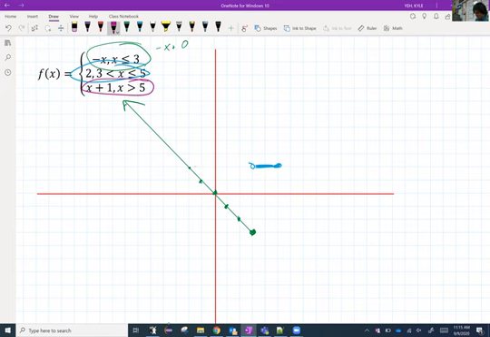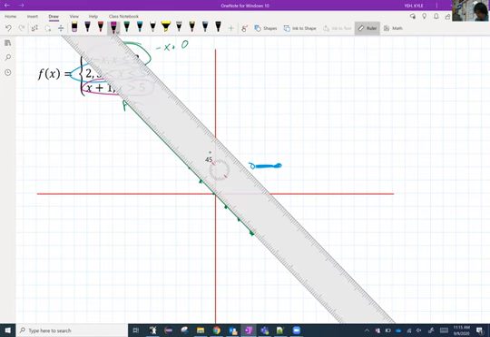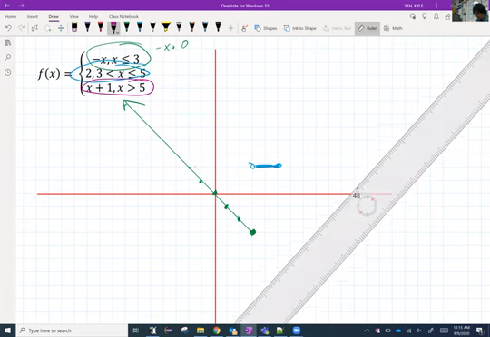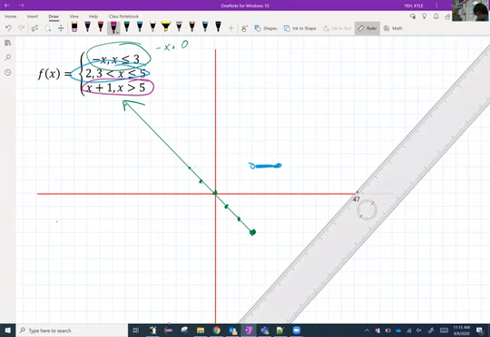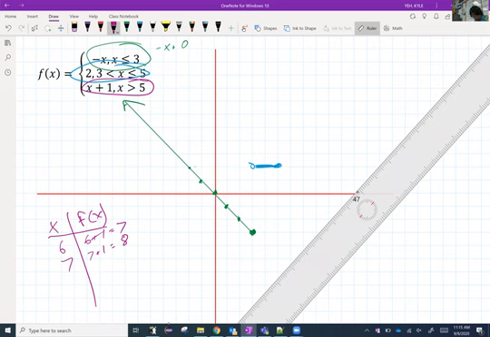So this one, here's how I like to do it. I'm going to make a quick table for this magenta. x, f of x. When x is 6, for example, I need to do 6 plus 1, so 7. When x is 7, I need to do 7 plus 1, so 8. And I can really spot it.